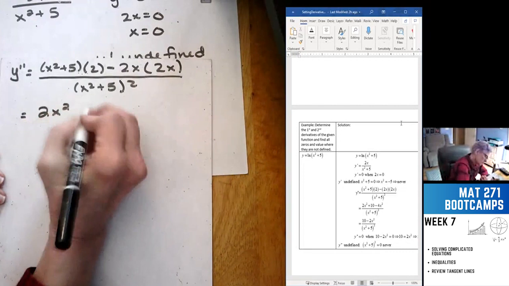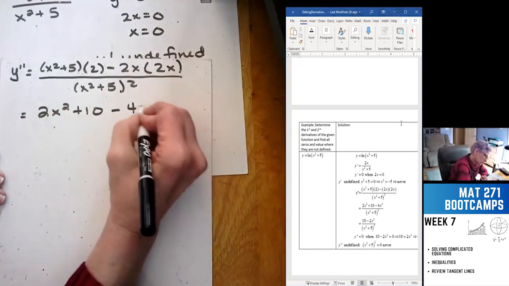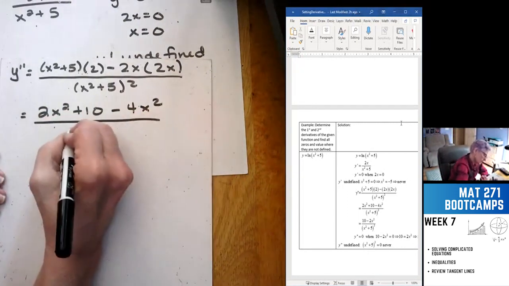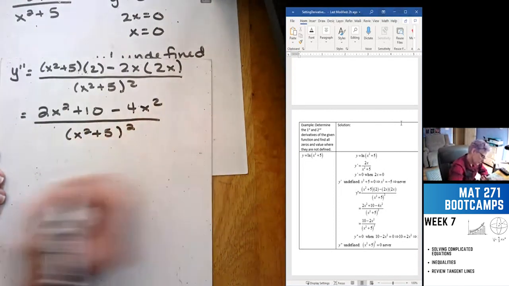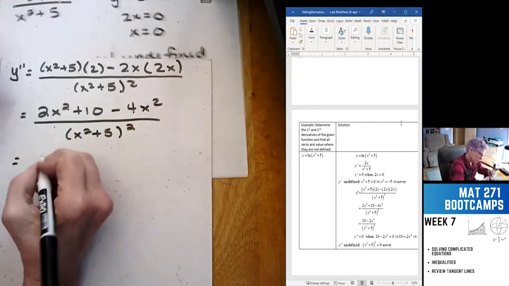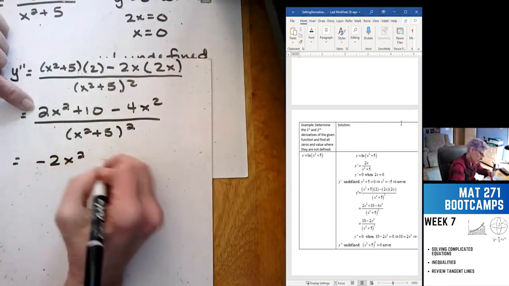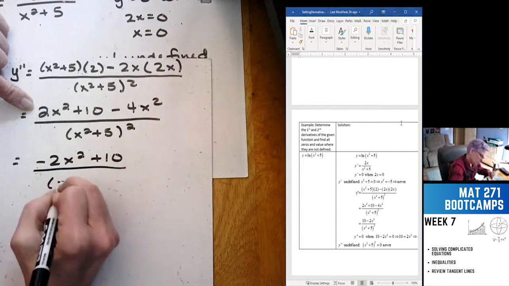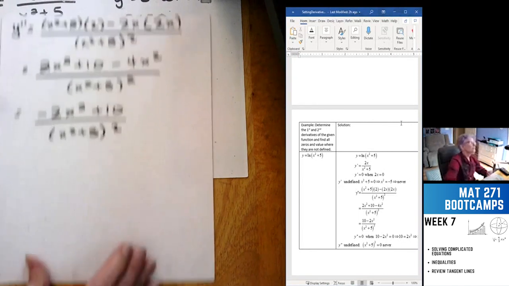So 2x squared plus 10, minus 2 times 2 is 4, x times x is x squared. All of that over x squared plus 5, squared. So 2 minus 4 is minus 2x squared plus 10. And x squared plus 5, squared.